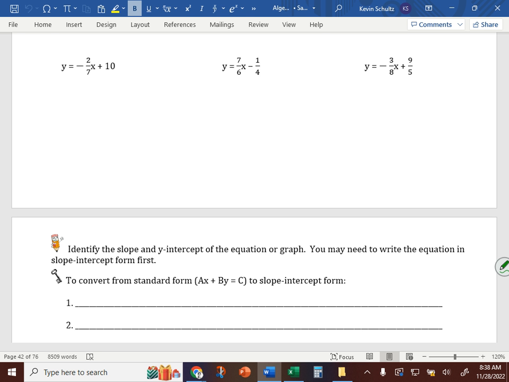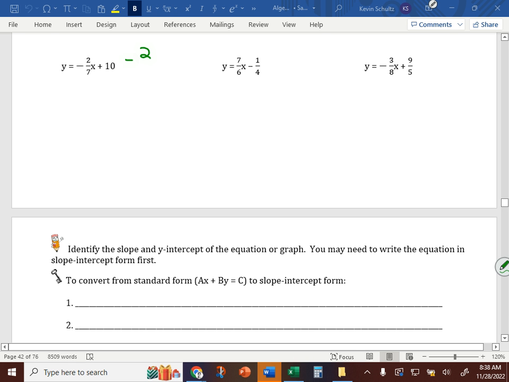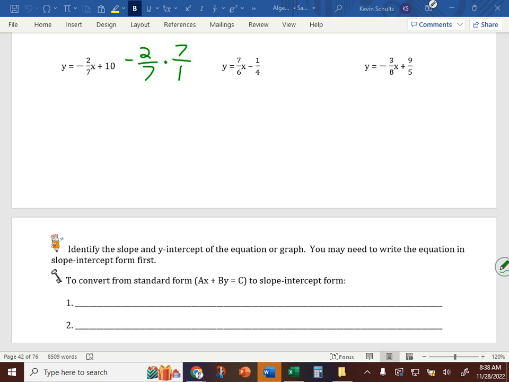Multiply everything by 7. And the reason why we do that is because that negative 2/7, when you multiply it by 7, which is really 7 over 1, what happens with the 7 in the denominator and the 7 in the numerator? They cancel out. Okay? And so you're left with negative 2 over 1 or just negative 2x. Right?